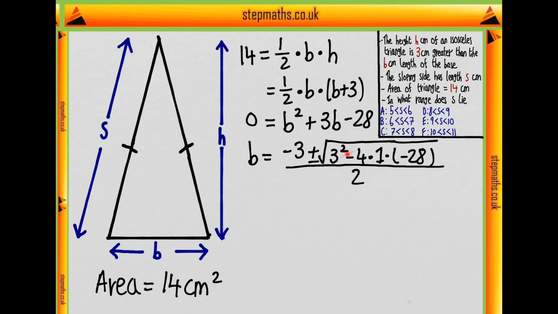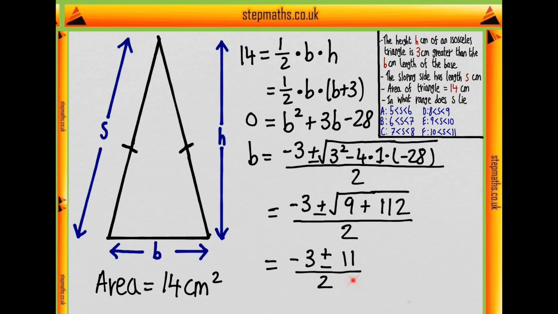First things first, let's try and fix this mess here. So 3 squared is 9 and 4 times 28 comes out as 112. So we get minus 112, so plus 112. So we get to this. But 9 plus 112, that's great, that's 121, which you'll probably recognise as a square number. It's 11 squared. So b is equal to minus 3 plus minus 11 over 2.